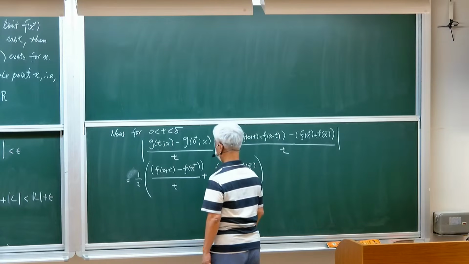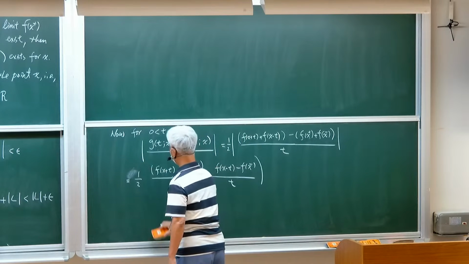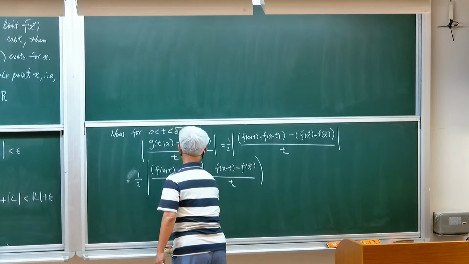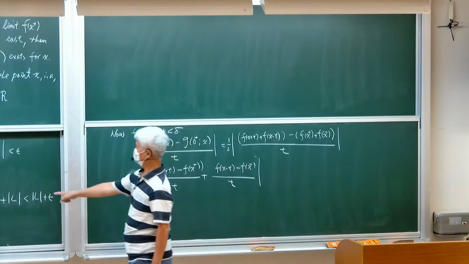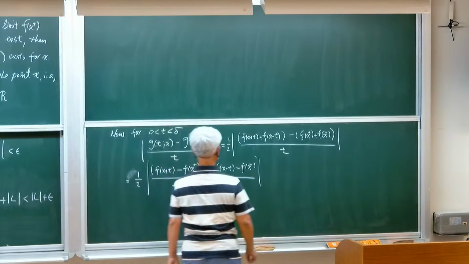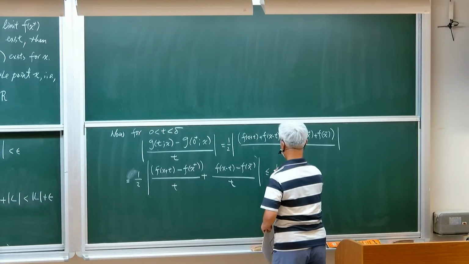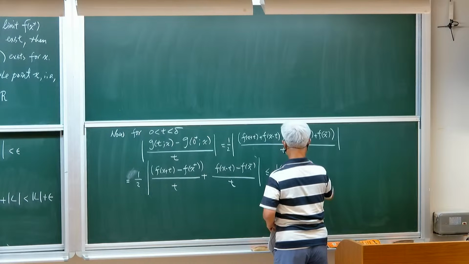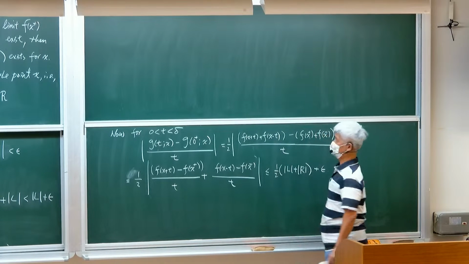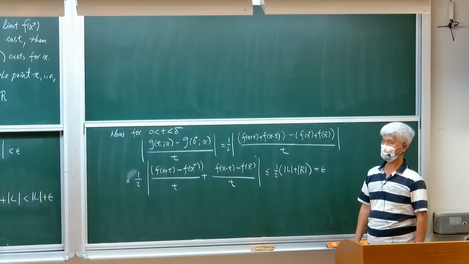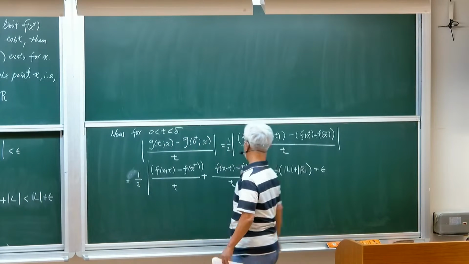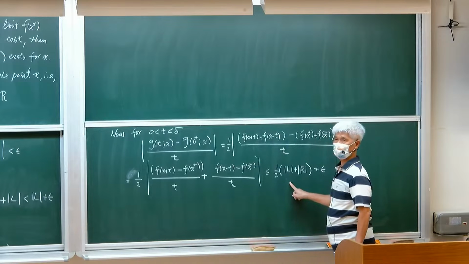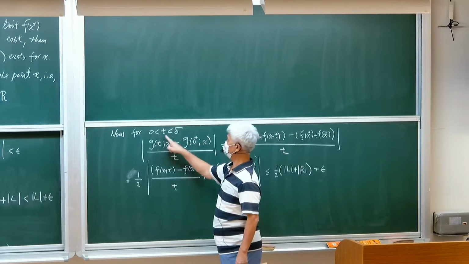And when we take the absolute value here and apply the inequality, we have epsilon. All right, so the absolute value of this ratio is bounded over this interval.